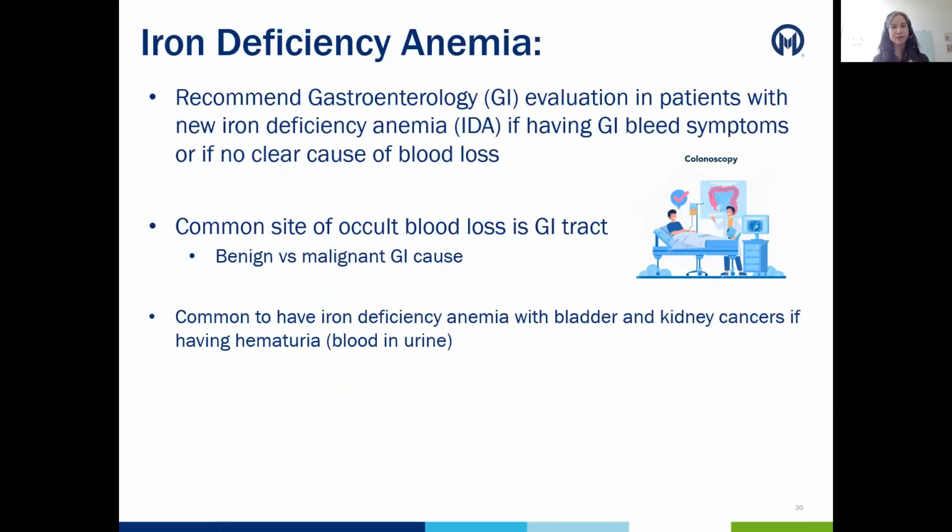Just a little advisory for iron deficiency anemia. If we do diagnose someone with iron deficiency anemia for the first time and you don't have any clear reason for it, we very commonly recommend an updated evaluation with a gastroenterologist to consider an endoscopic evaluation with a colonoscopy and/or an upper endoscopy, depending on your history, to see if there are any signs of potential blood loss in the GI tract, because the GI tract is one of the most common sites for what we call occult blood loss, or slow blood loss without a person realizing.